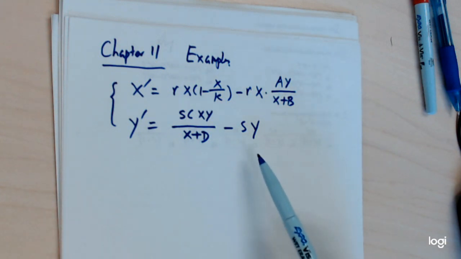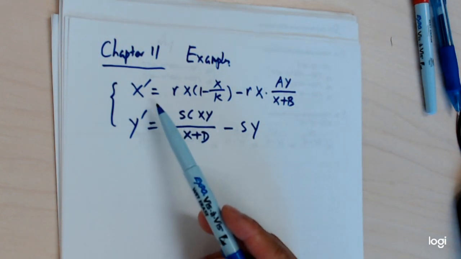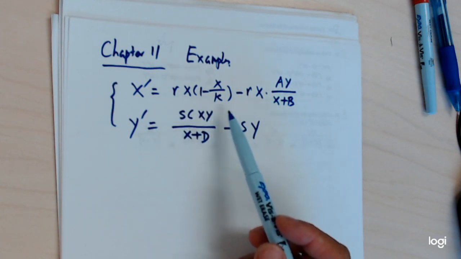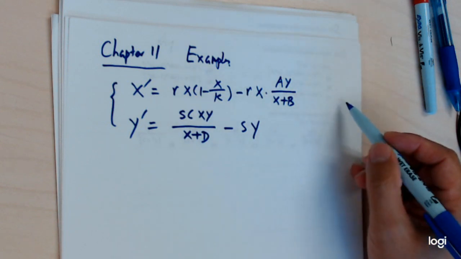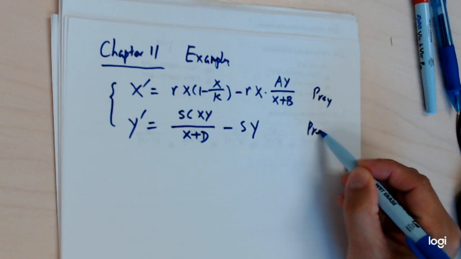There are quite a few parameters. Each one of them has different meanings. If you try to check out the actual system, you can easily identify x is the prey and y is the predator.